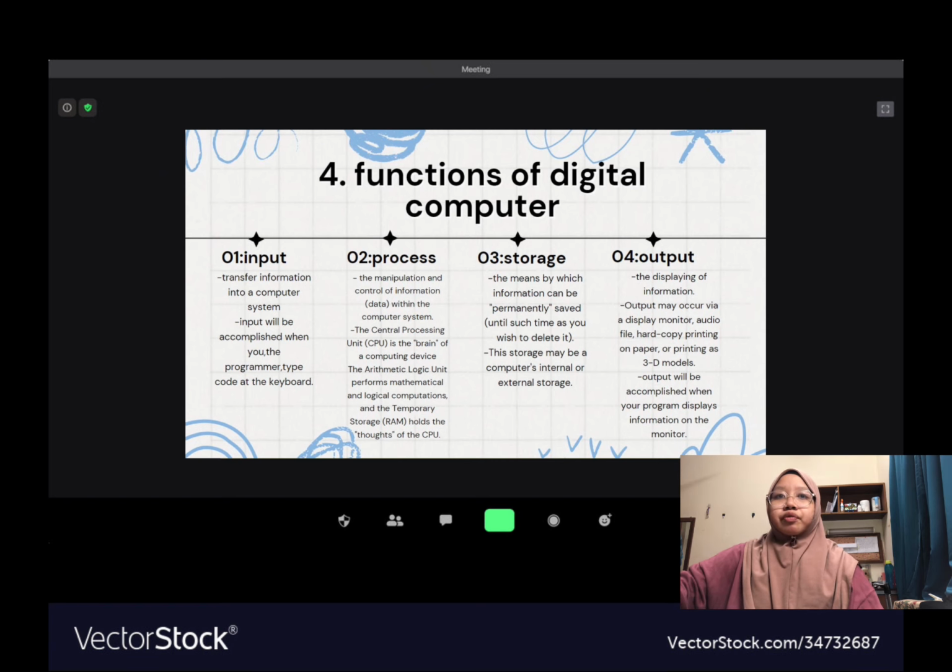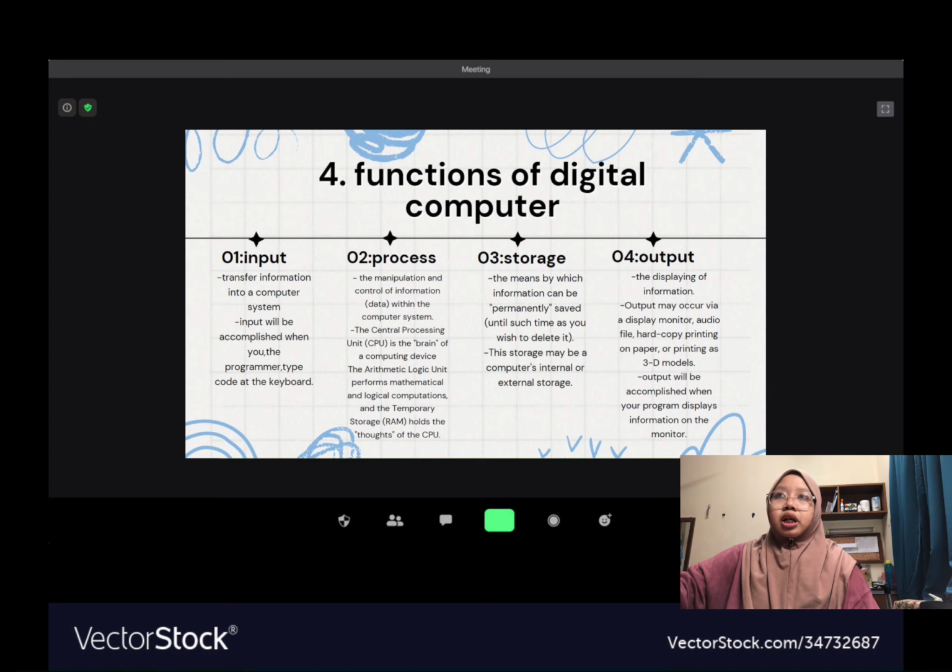Input transfers information into a computer system, and input is accomplished when you, the programmer, type code at the keyboard. Second, process: manipulation and control of information data within the computer system.